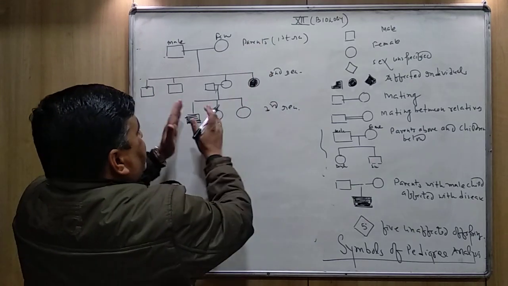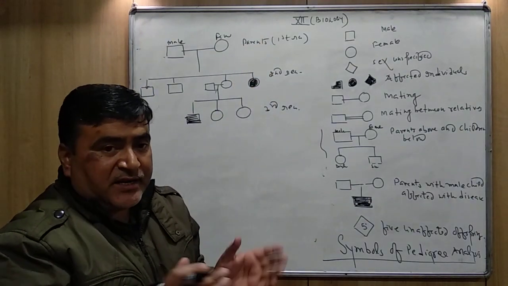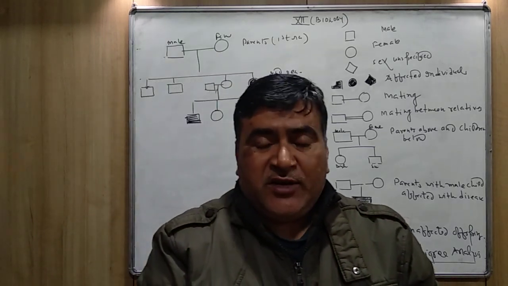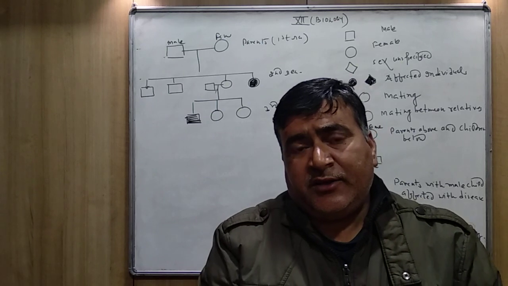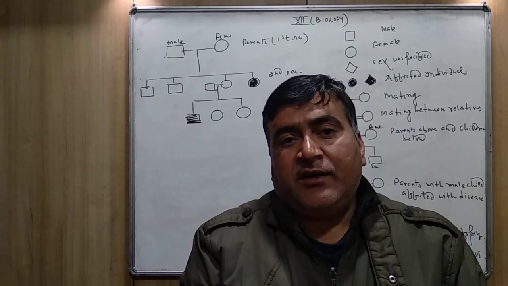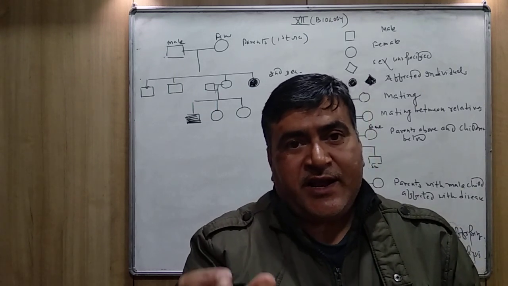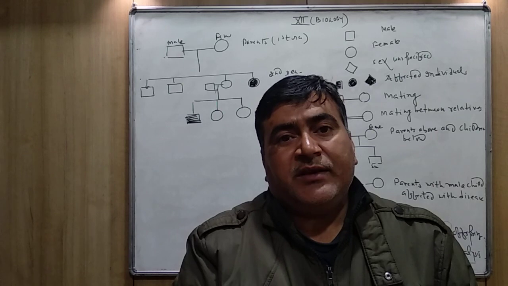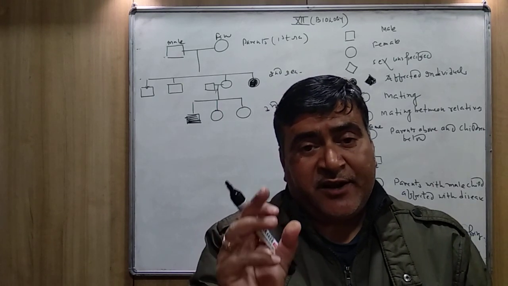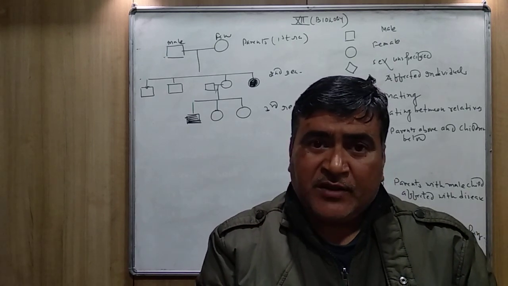This whole diagram is a family tree, the pedigree diagram, and through this pedigree analysis you will get to know how a particular trait is running in the family. And actually this is the recessive trait.